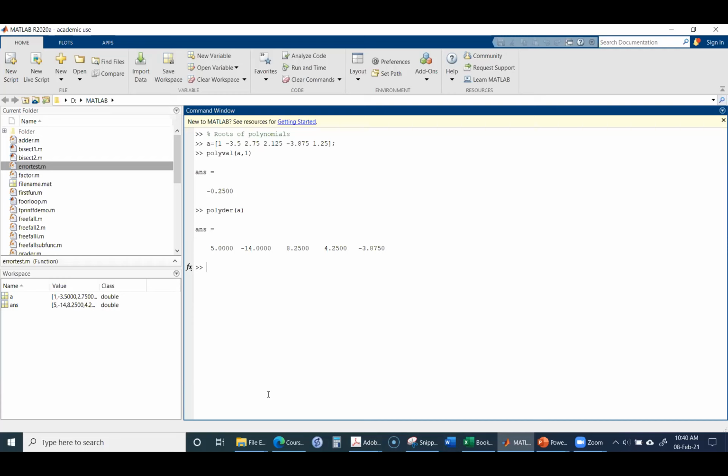Suppose we have another polynomial, which is x squared plus 0.5x minus 0.5.